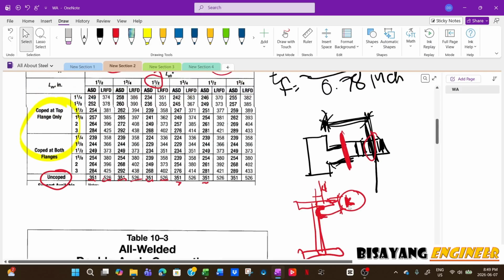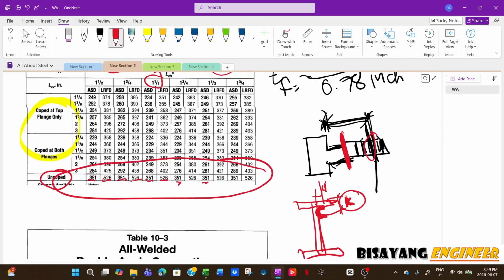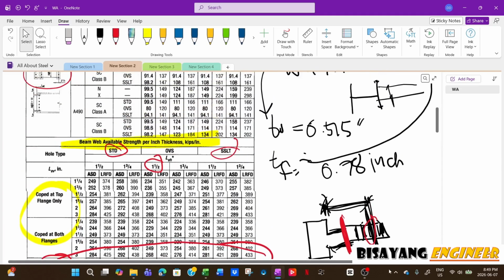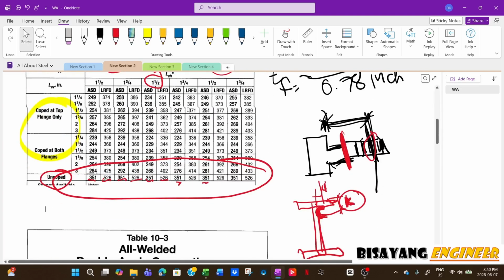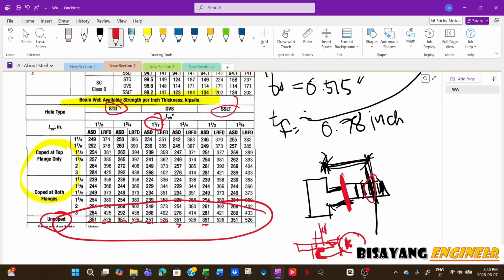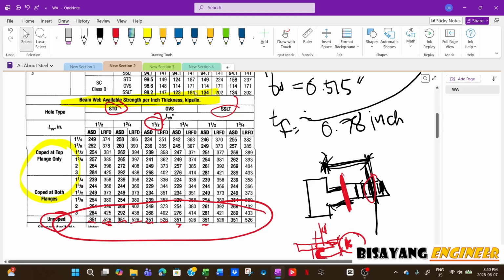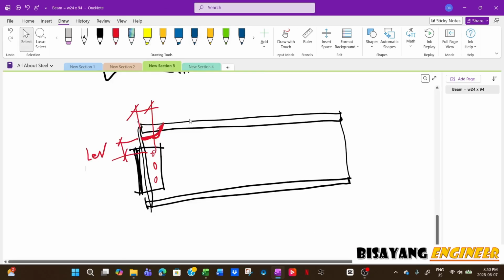But our connection is uncoped, so all you have to do is basically use this table. Regardless of what the LEH is, whatever this value is, it's the same. So therefore, our capacity is 526.